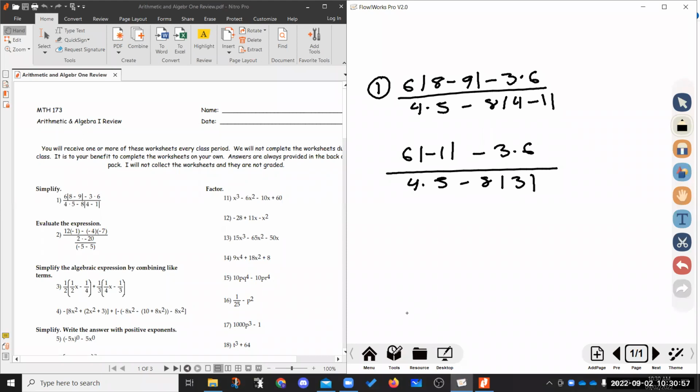Now we're going to have to find the absolute value of those numbers. Now we're going to perform our multiplication.